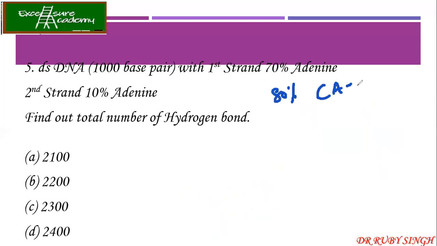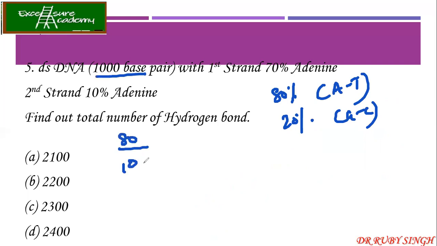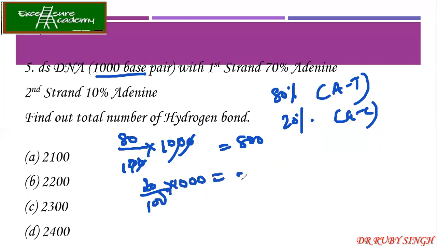80% is AT and 20% is GC, but it is given that there are 1000 base pairs. So 80% of 1000 is how much? 800. Similarly, 20% is 200. Correct? So your AT is 800 and your GC is 200.